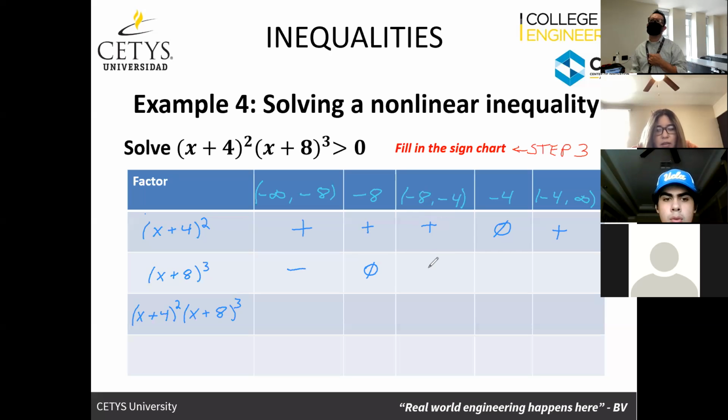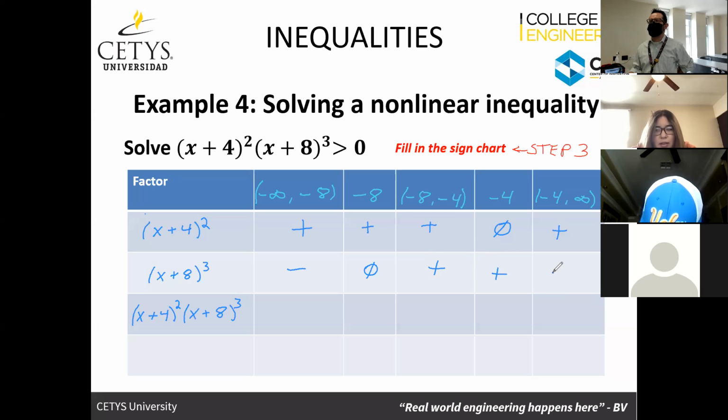Minus 5. Minus 5 plus 8 is equal to 3. Positive, elevated to the 3, it's going to be positive. So this one's going to be positive. If I substitute the minus 4, what am I going to get? Positive. And if I substitute from minus 4 to infinite, what am I going to get?